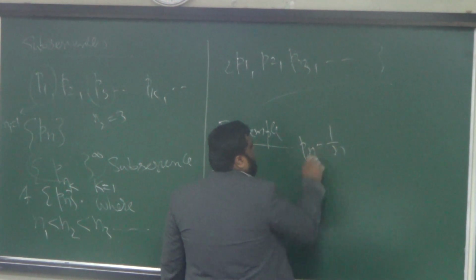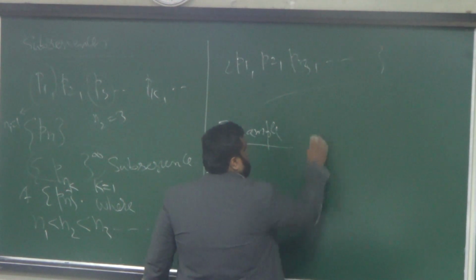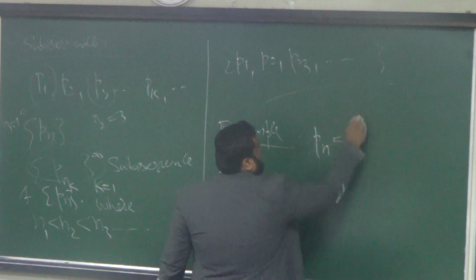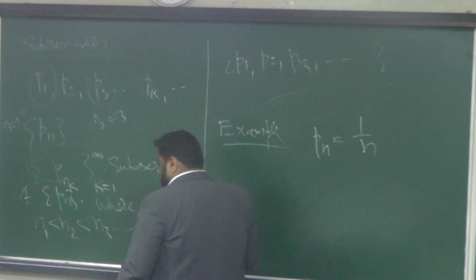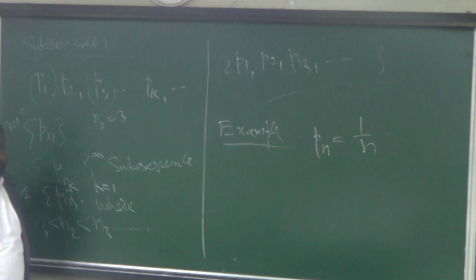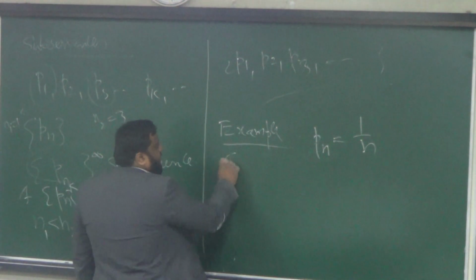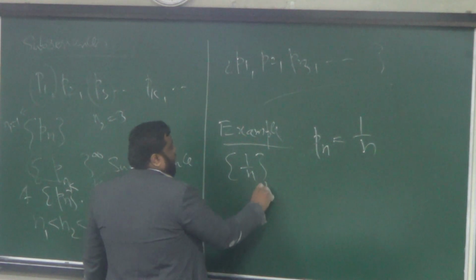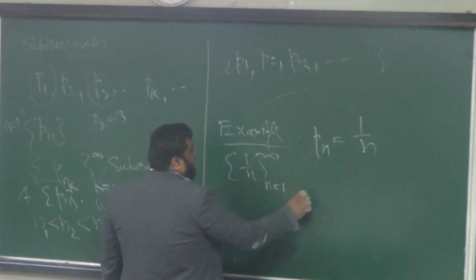Take Pn to be 1 over n. Give me some subsequences. n_k equals 2k minus 1. So I have 1 over n, that's a sequence where n runs from 1 to infinity.